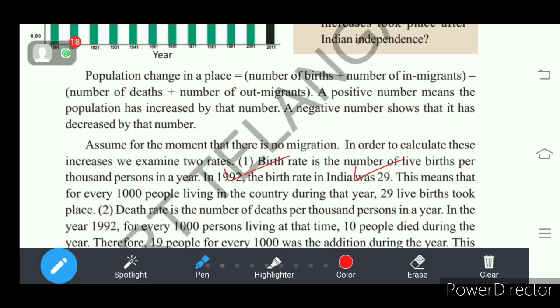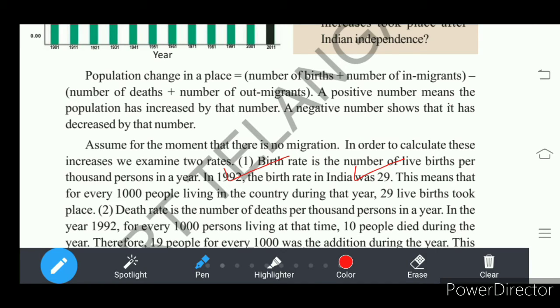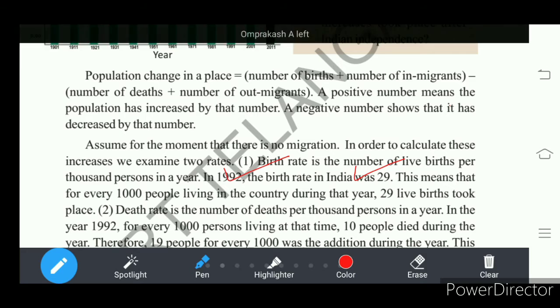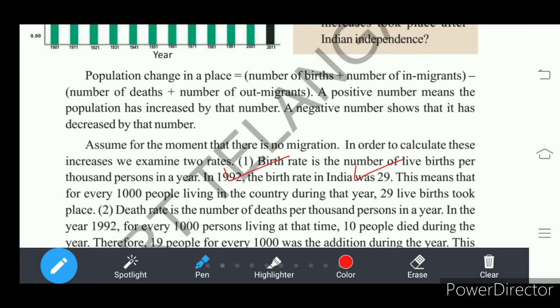Understand? See, the total population is divided into a number of groups, each group consisting of 1,000. So for every 1,000, they calculate how many people were born. In that way, for every 1,000, it was 29.